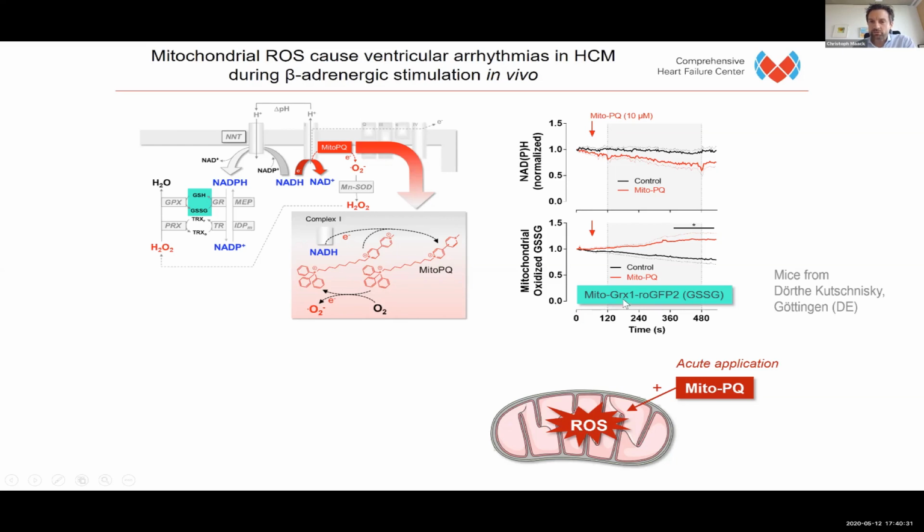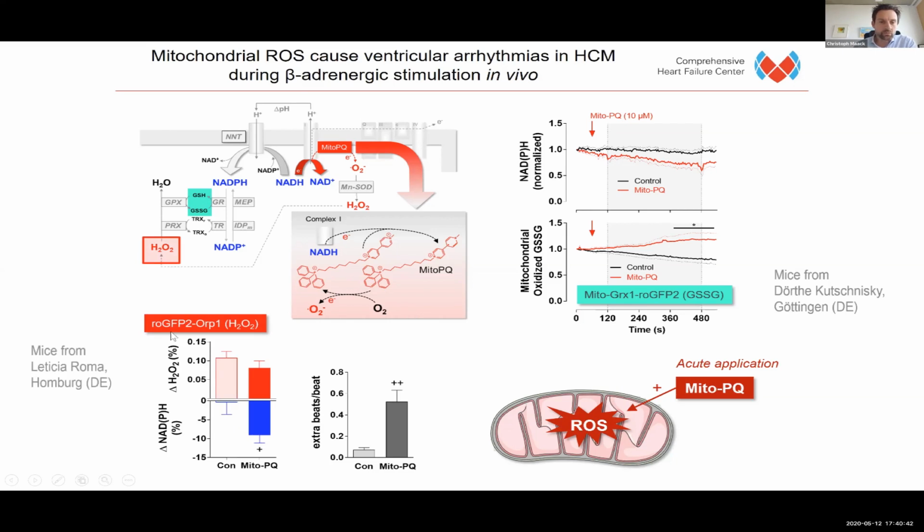This is a MitoGrx1-roGFP2 mouse, which reports an oxidation of glutathione, which you see over here. And with the second mouse model, which we had actually done before, and these are mice from Letitia Roma in Hamburg, she has also a roGFP but Orp1 mouse, and this is a reporter for actually free H2O2.